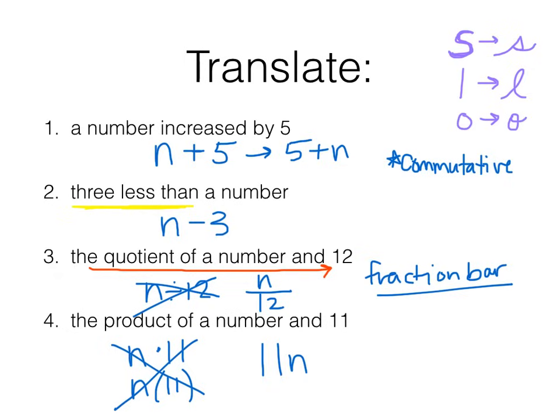You're not going to put a dot, you're not going to put parentheses, and you're definitely not going to put an x, because x can now be looked at as a variable. You can't use that anymore. So you've got to have 11n, no dots, no parentheses, no x. 11 times n is 11n. Start getting used to it, okay? Please, thank you.